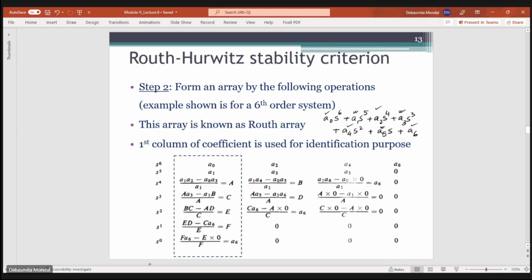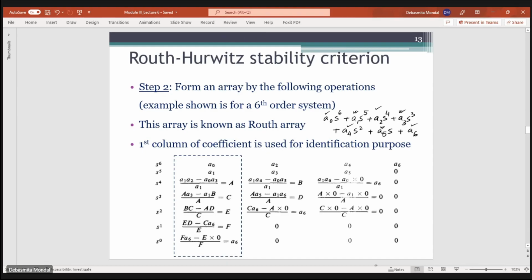Okay. So now we'll fill up the whole table. The first two rows come from the information provided in the polynomial, and from the third row onwards we have to do the calculation.